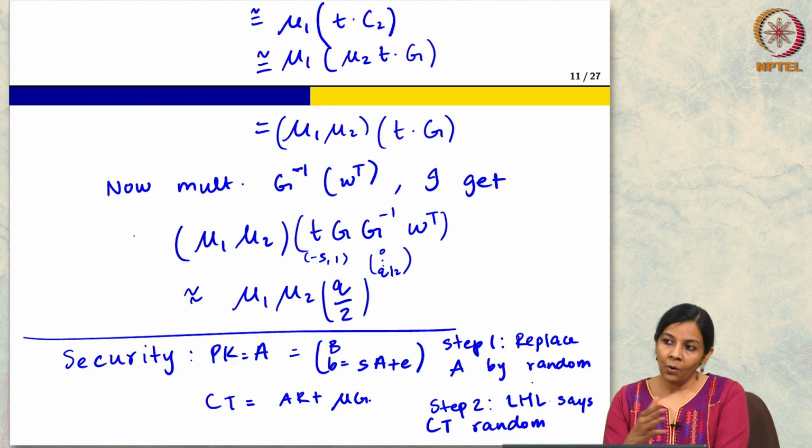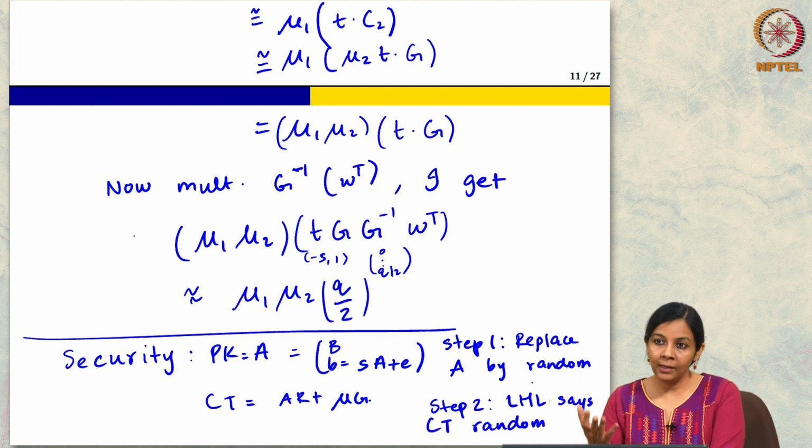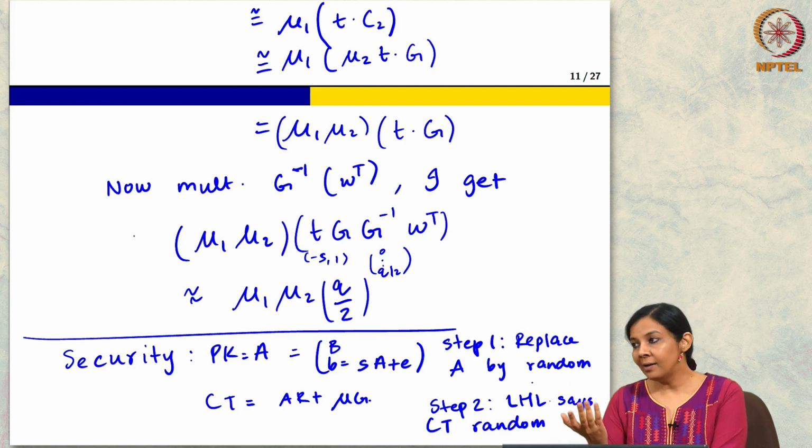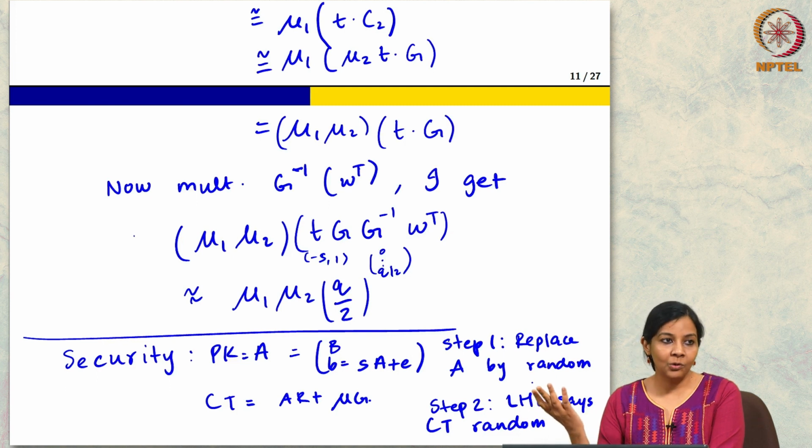Then there was a long sequence of works which improved the underlying assumptions and simplified the scheme more and more, improved the parameters, and finally we are at a scheme which is so simple that in one class we can essentially show the scheme. So, this is the definition of really good science.